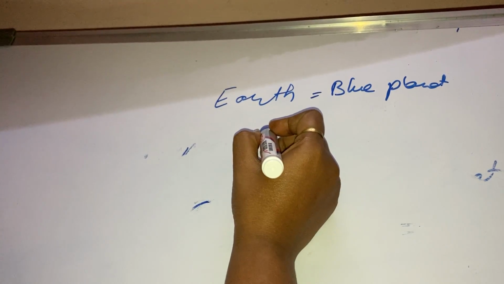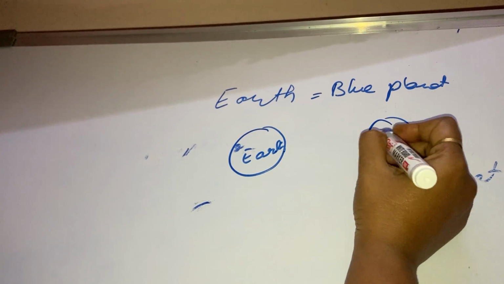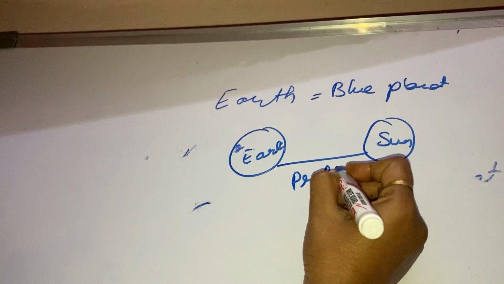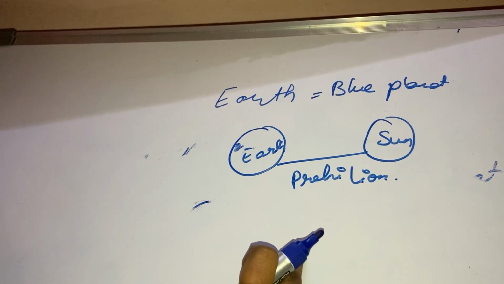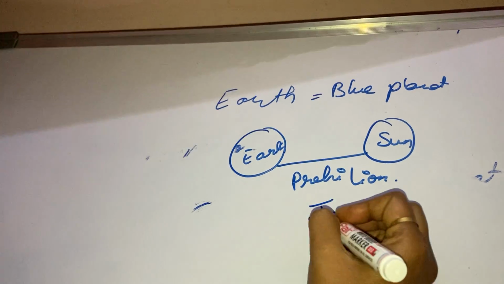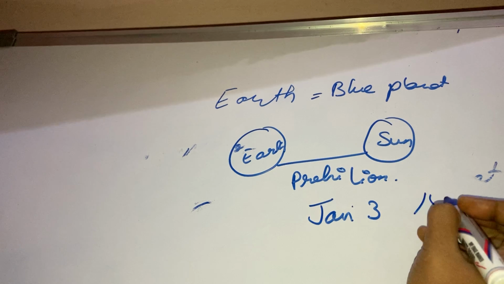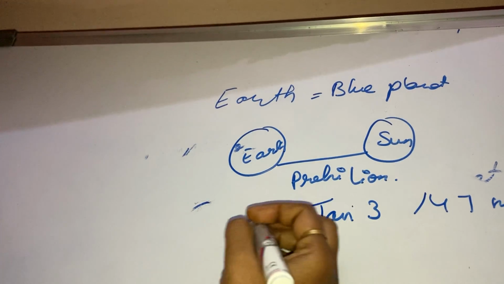When the Earth is nearest to the Sun, we call it perihelion. On January 3rd every year, it is nearest to the Sun, at 147 million kilometers.